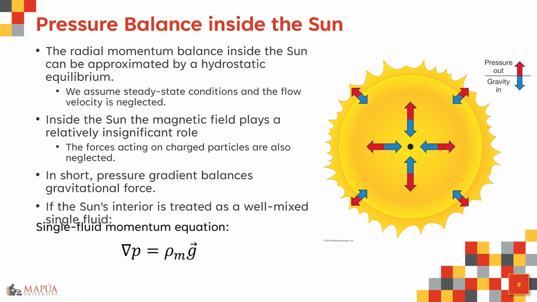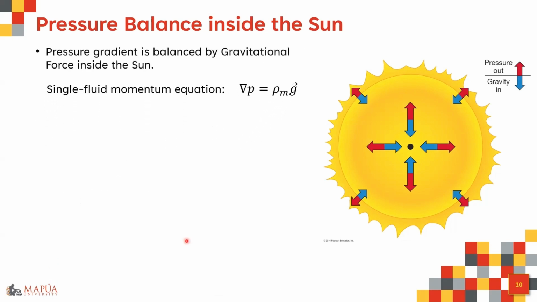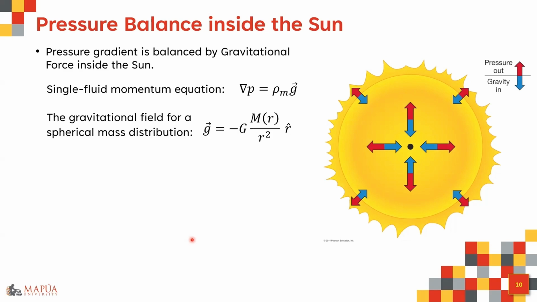Now, since pressure gradient is balanced by the gravitational force inside the sun, and we all know from our theoretical mechanics 1 that the gravitational field for a spherical mass distribution is actually given by this. Okay, this is negative GM over r squared r hat, where M(r) is your mass distribution, which is a function of your radial direction.